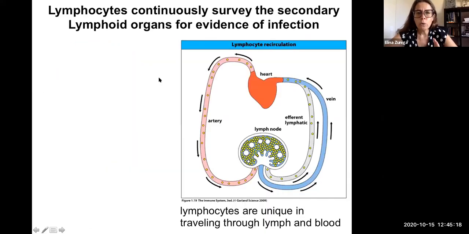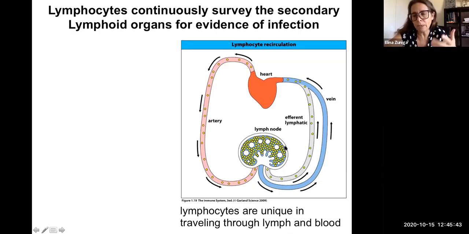Okay, so we said that the naive lymphocytes reside in the lymphoid tissues. Maybe reside is not the best word. They recirculate in these secondary lymphoid tissues. So the naive lymphocytes continuously survey the secondary lymphoid organs for evidence of infection, okay?